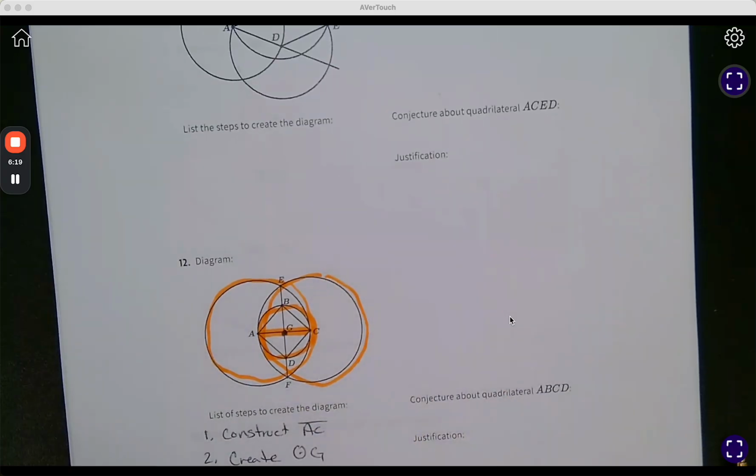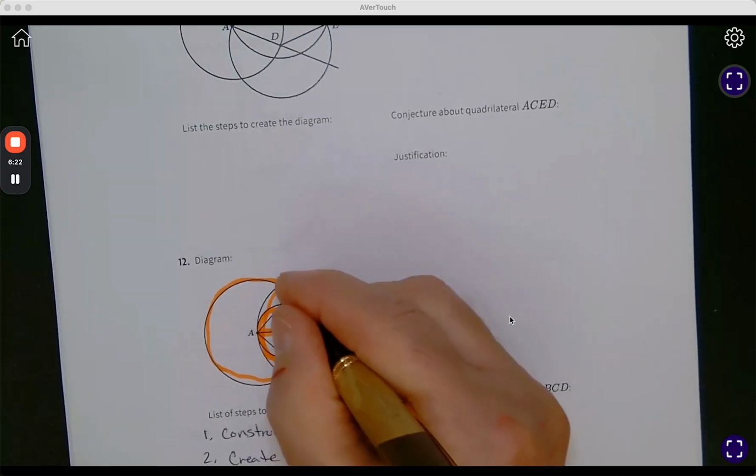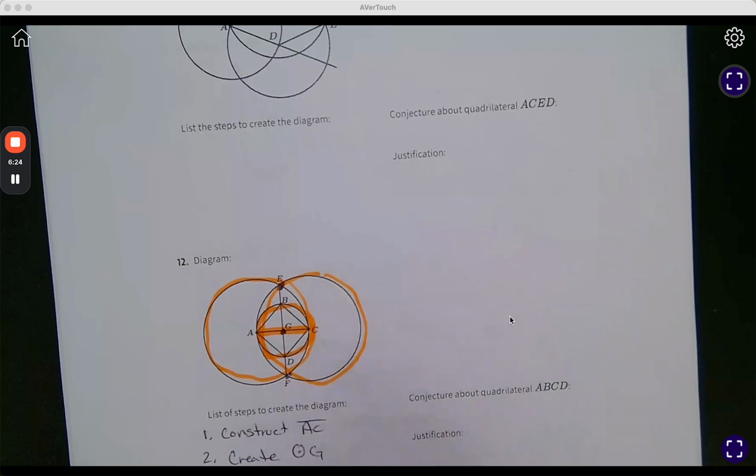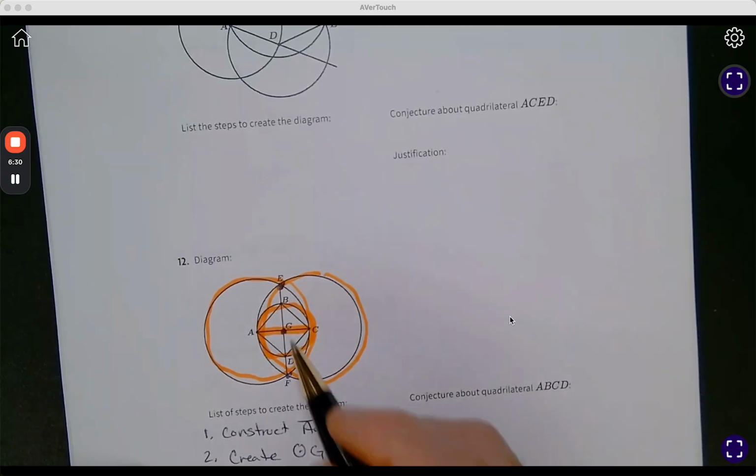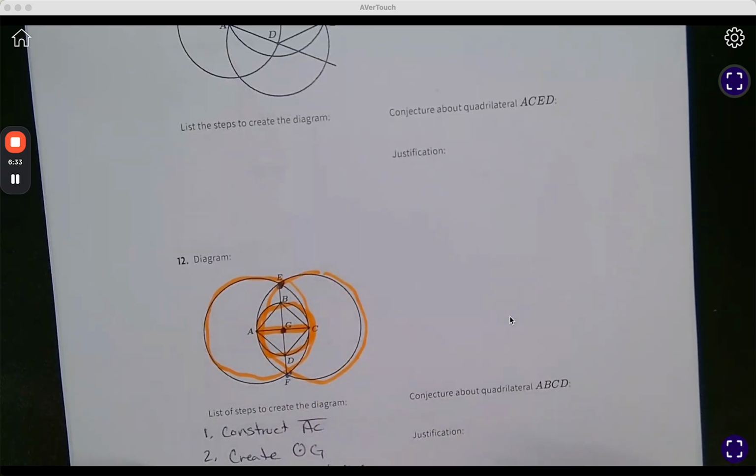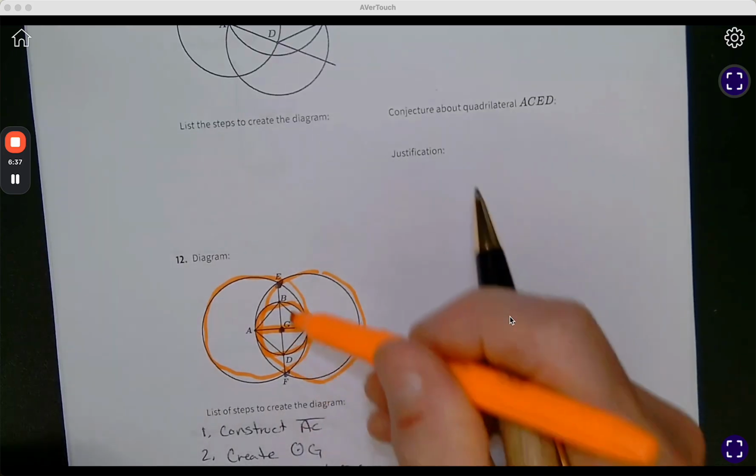Woo. Then notice where they have the intersections, right? The intersection there and the intersection there. Then I would create EF through the intersection of those. Then I would construct, so that would be this.